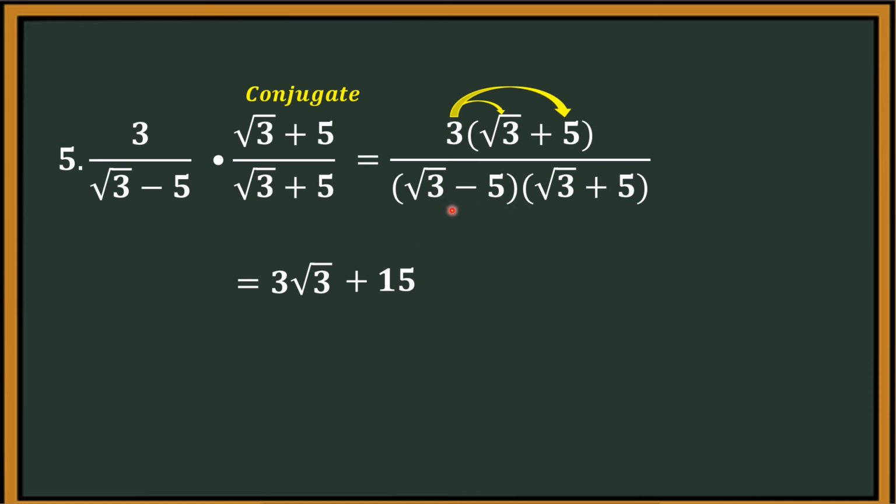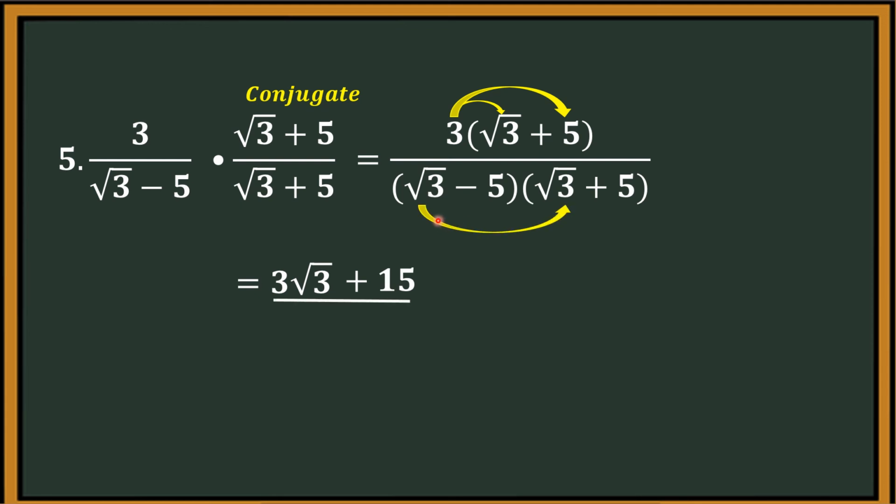And then since ito ay sum and difference of two binomials, kung mapapansin nyo, pareho lang sila, pero yung sign nila magkaiba or yung operation nila ay magkaiba. So ito yung tinatawag nating sum and difference of two binomials. So kapag ganito ang given, ang imumultiply lang natin yung first terms and yung last terms.